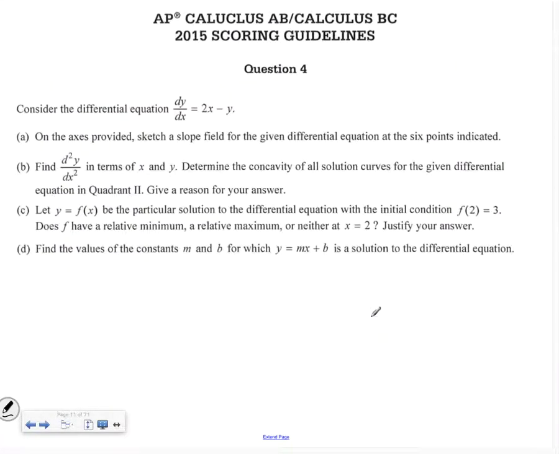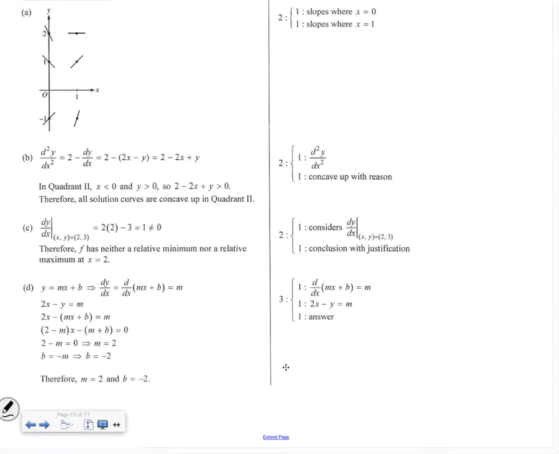All right, so as for our scoring, for part A, you get 1 point for having the slopes where x is equal to 0, so these 3. And then 1 point for the slopes where x is equal to 1. For part B, you get 1 point for having d2y over dx squared, so the second derivative, as 2 minus 2x plus y. And then 1 point for knowing that it's concave up with the reason.